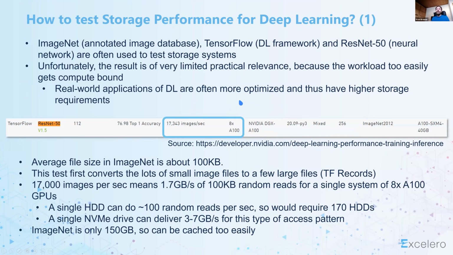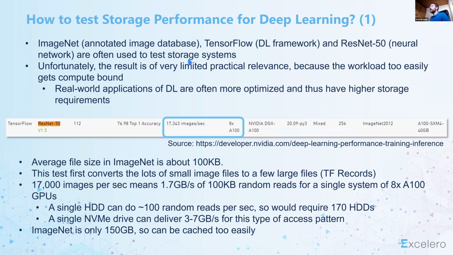But how much performance do you now actually need from your storage system? Trying to quantify this is not so easy because, of course, it highly depends on the objects that you're training on and how your actual model works.